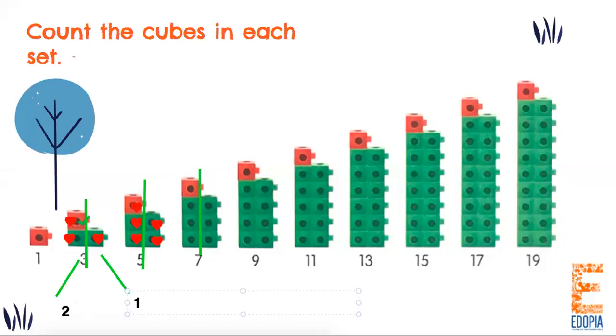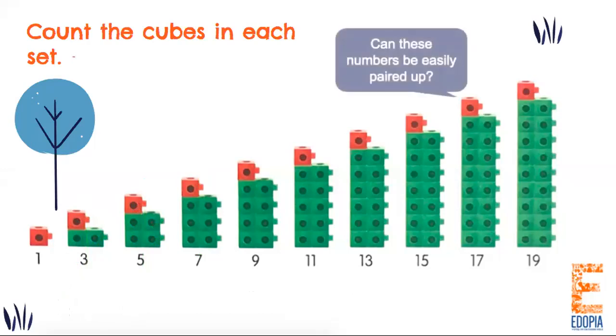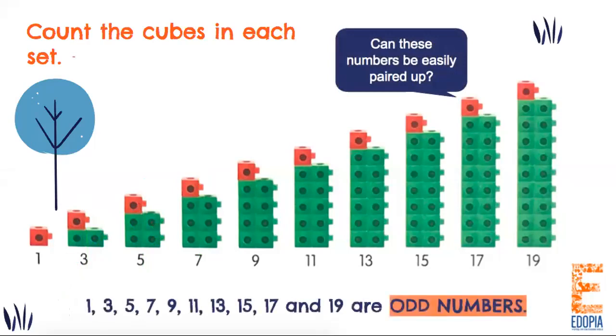Hence, it is an uneven number. Uneven numbers mean that the split would be an unfair split. Unfair split means it is an odd number. So 1, 3, 5, 7, 9, 11, 13, 15, 17, and 19 are all odd numbers.